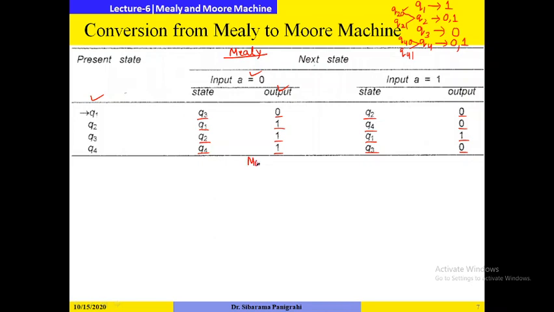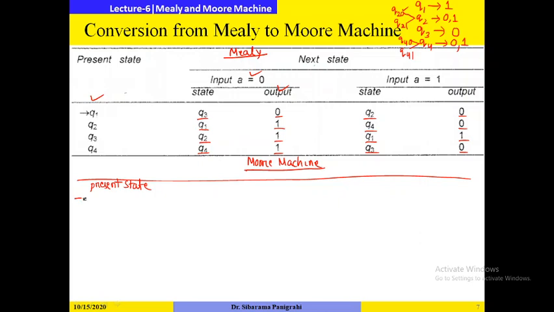So let me write the Moore machine over here. So now here you see the Moore machine. So here let me take the present state, present state.